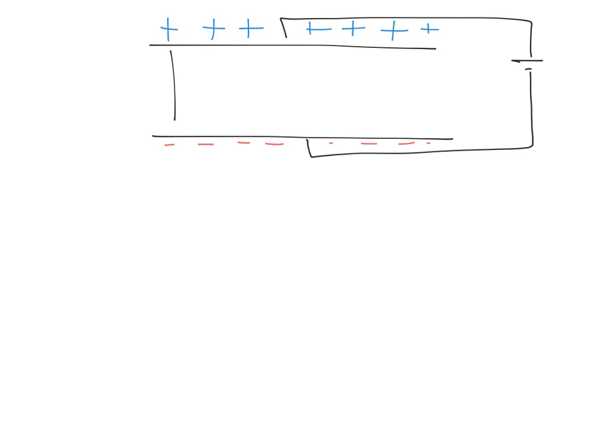And as I said before, you have electric field lines which move from the positive to the negative plate. Okay? Now, let's talk about if I had a negative particle that was situated right here.